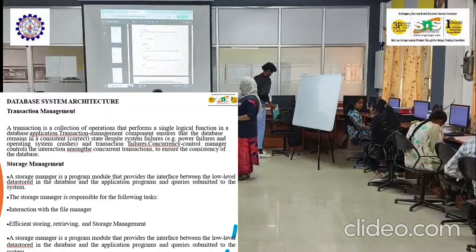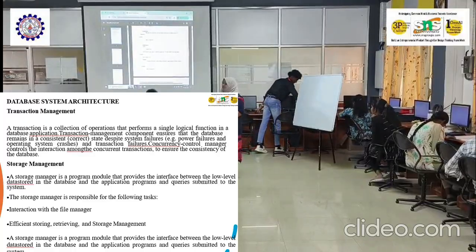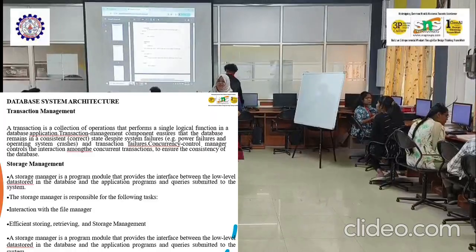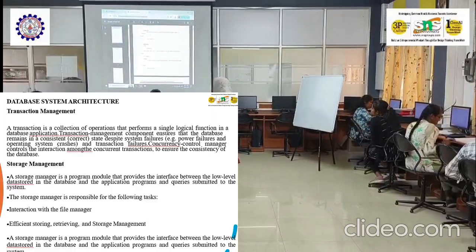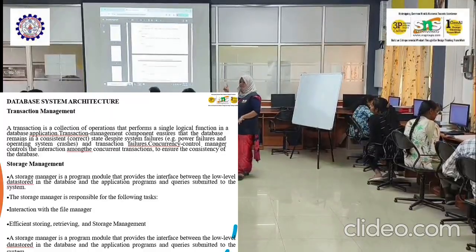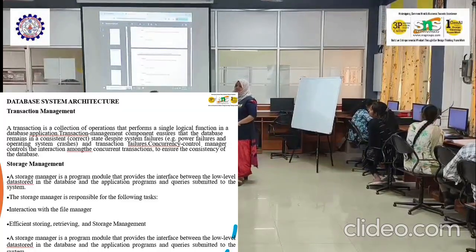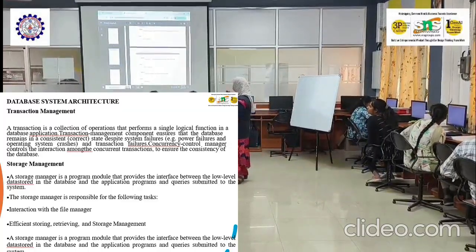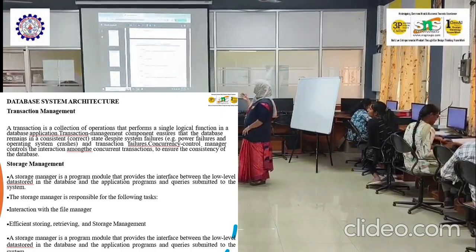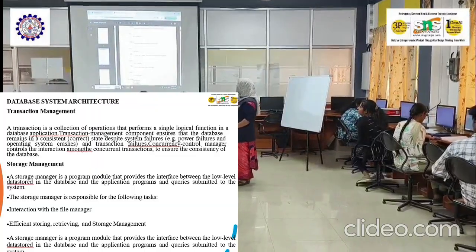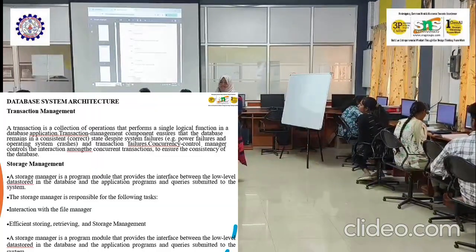Next one is integer. Integer means you can give the number values, only integer characters, within the bytes allowed for your integer. Next is smallint, float, date, time. These are all the various types of data type.